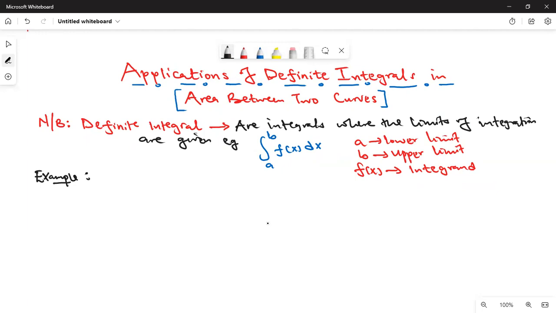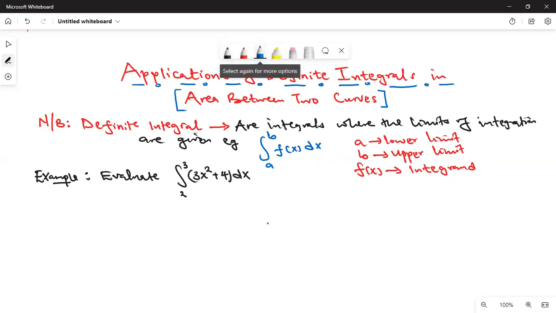Let's say you're asked to evaluate the integral from 2 to 3 of 3x squared plus 4. Let's say we are integrating this with respect to x.